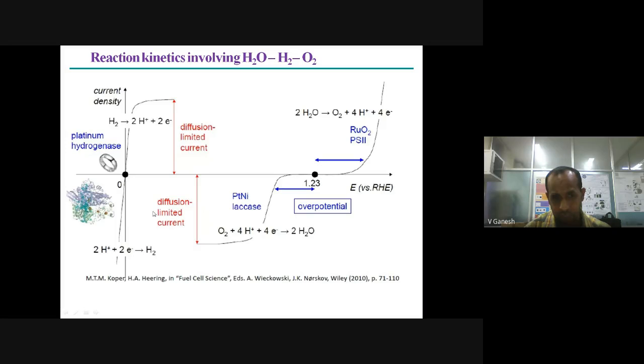And when you keep on going in the negative direction further, water splits into hydrogen. So hydrogen evolution occurs. When you do a cyclic voltammetry, you would observe that when you go beyond about -1 volt or so, you see a very large current. And sometimes at the counter electrode, you would see bubble formation.